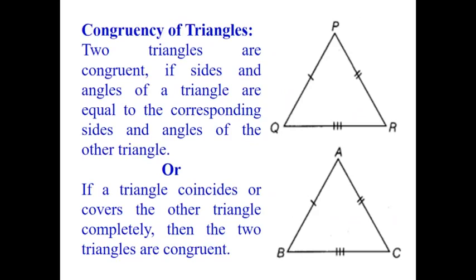Congruency of triangles. Two triangles are congruent if sides and angles of a triangle are equal to the corresponding sides and angles of the other triangle, or if a triangle coincides or covers the other triangle completely, then the two triangles are congruent.